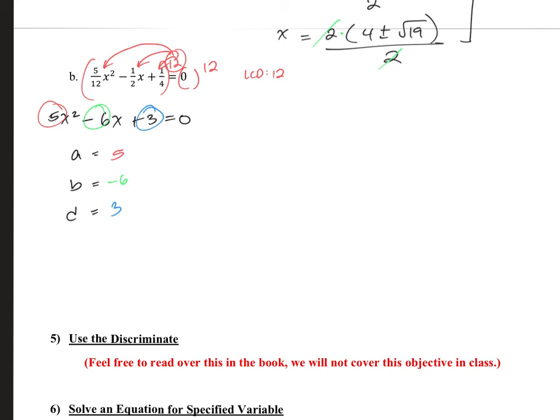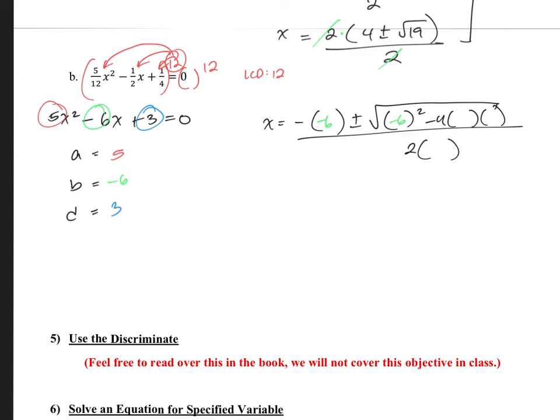The variable is x, so we can go ahead and write x equals negative b plus or minus square root of b squared minus 4ac, all over 2 times a.